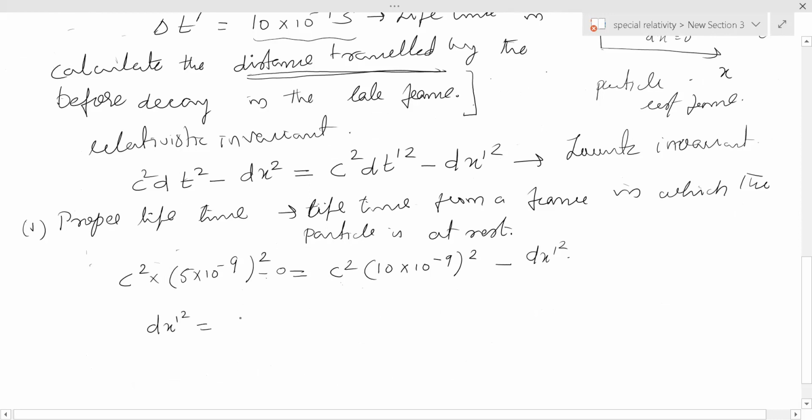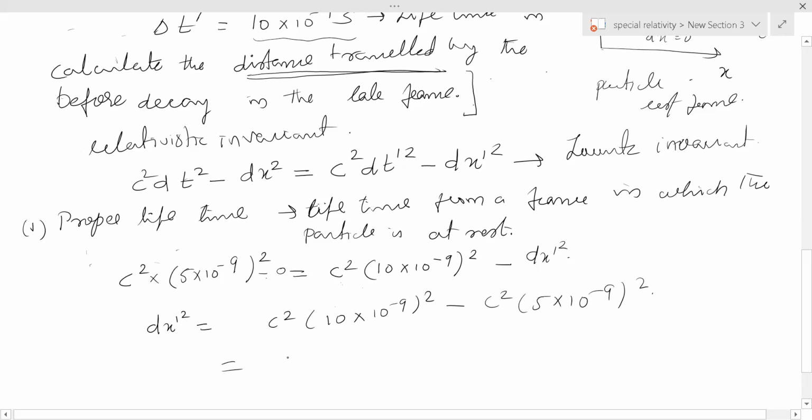Now it's a question of solving this. Just solve for dx prime. Dx prime square is equal to c square, 10 into 10 raised to minus 9, squared, minus c square, 5 into 10 raised to minus 9, squared.